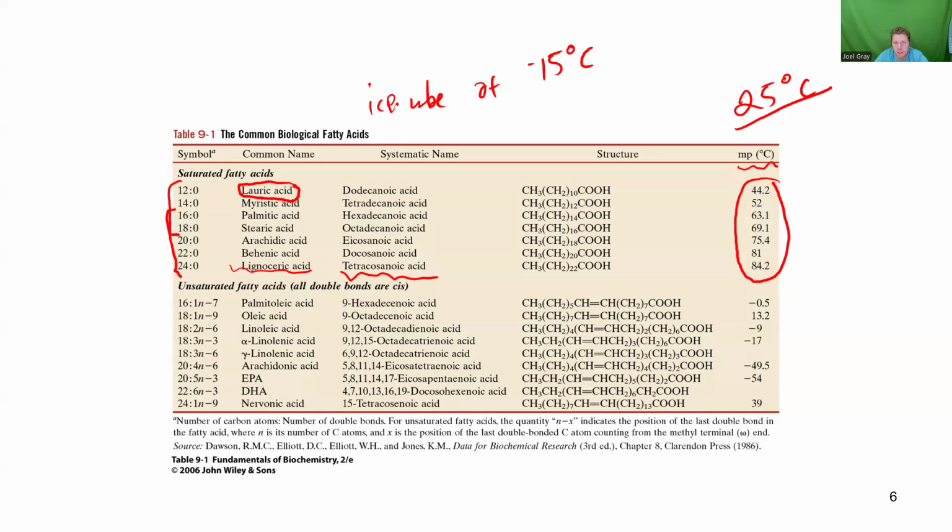It's a solid. That ice is frozen. Now, lauric acid here is going to be a solid at 25 degrees Celsius. Not until it hits 44.2 will it begin transitioning to a liquid. So that's one piece of information to take away from this.